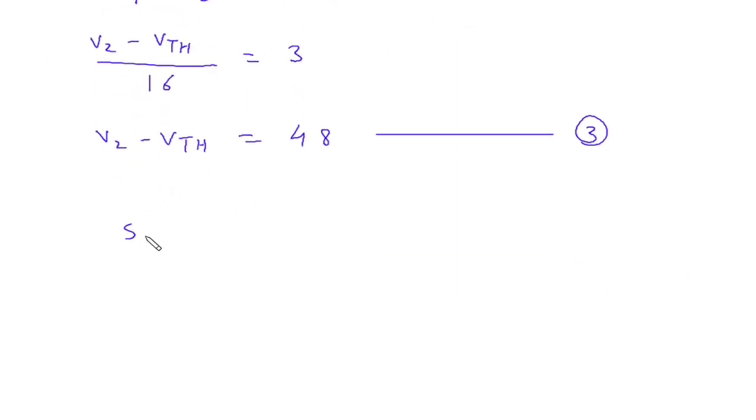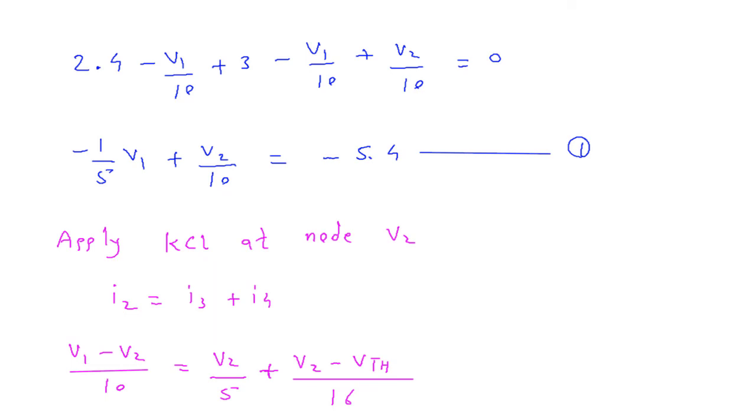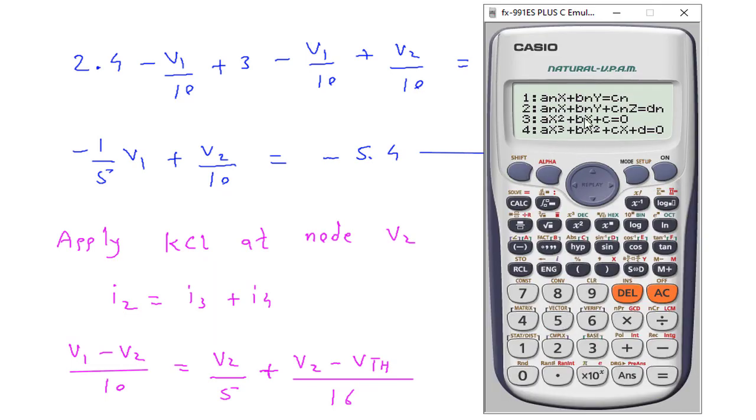Now we will solve equations 1, 2 and 3. From equation number 1, this will be minus 1 by 5, then 1 by 10, then VTh is absent here, so 0, then minus 5.4.